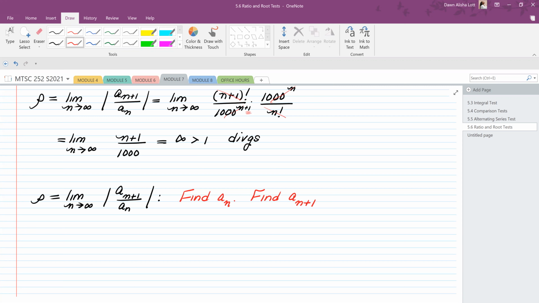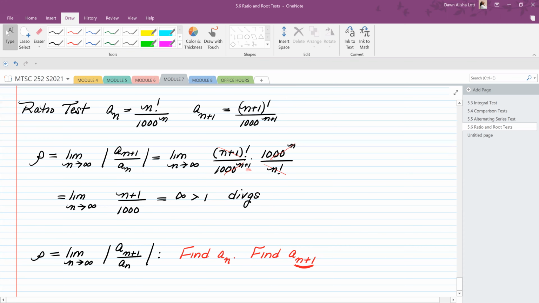And then I usually compute what the ratio is. As you can see, whenever it's a fraction, you always end up multiplying by the reciprocal of a_n. But yes, you have to use n plus 1. The n plus 1 comes from this term right here.